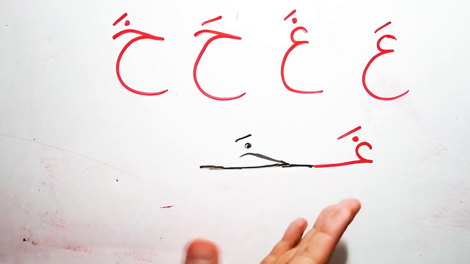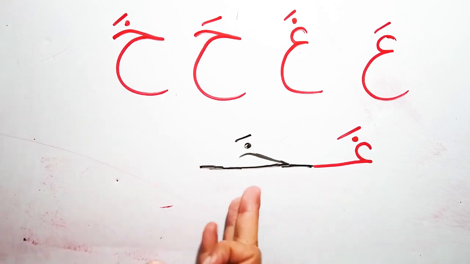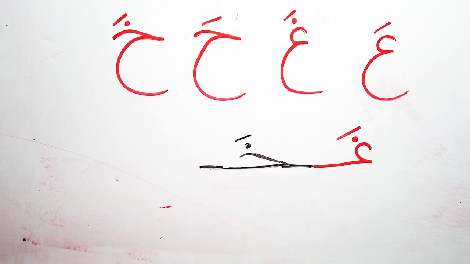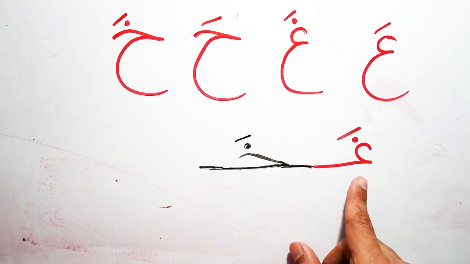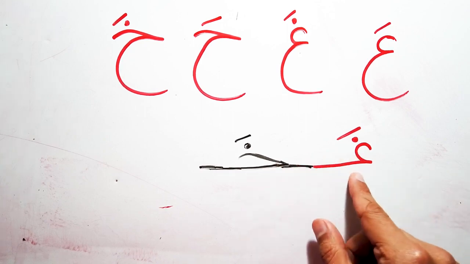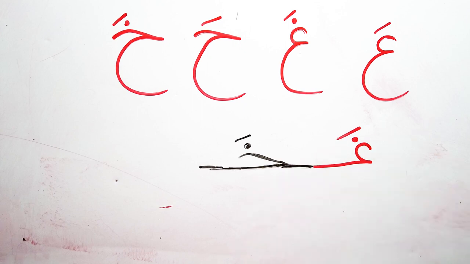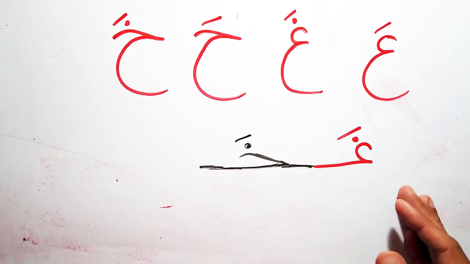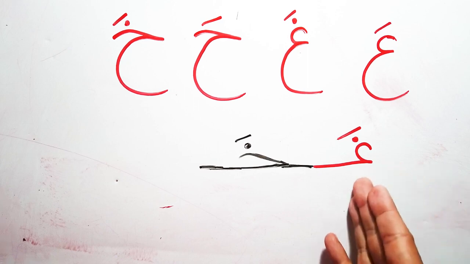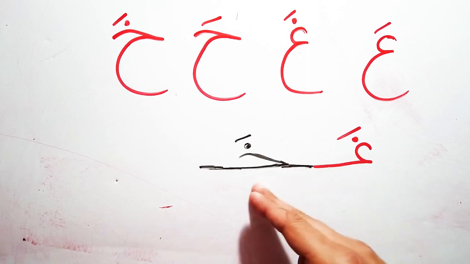And so pay attention to the sound. Ra, kha, ra, kha. I know that many of you would say they are the same, but they are not. Okay? Ra, kha, ra, kha. When you listen to Arabic, when you get familiar with Arabic, you will perceive the difference between them. Okay? Ra, kha, ra, kha.